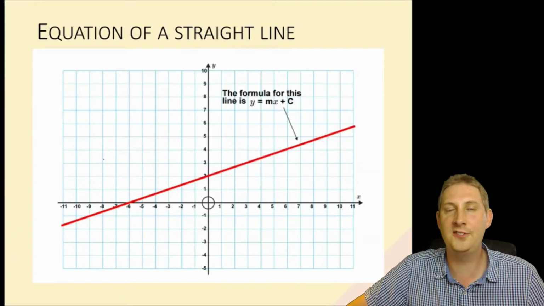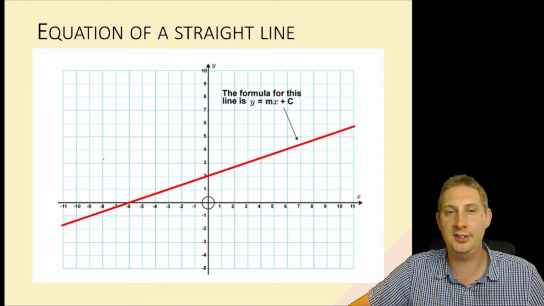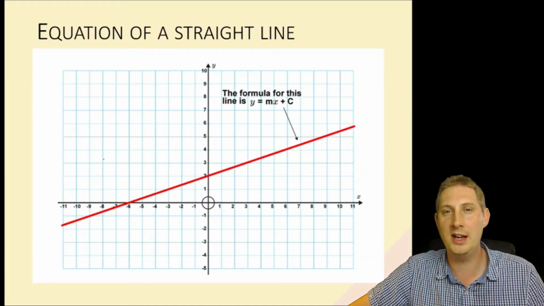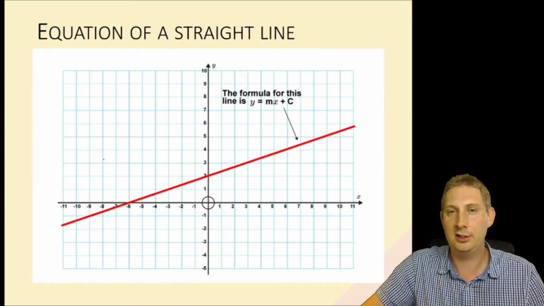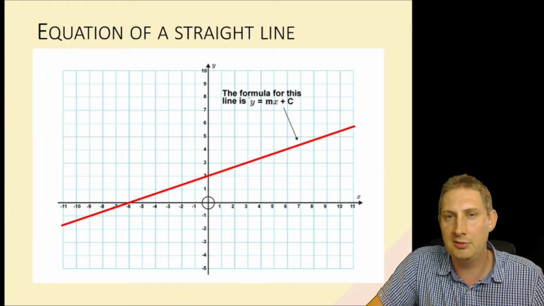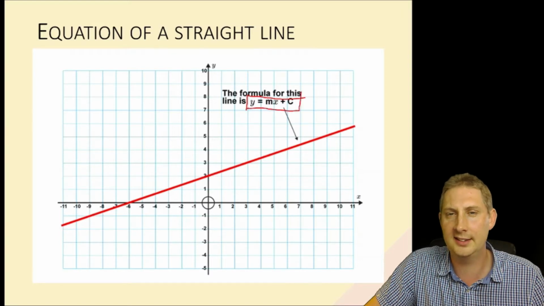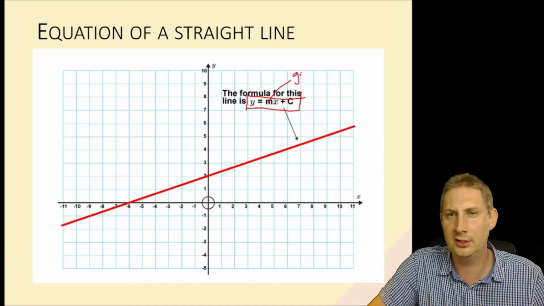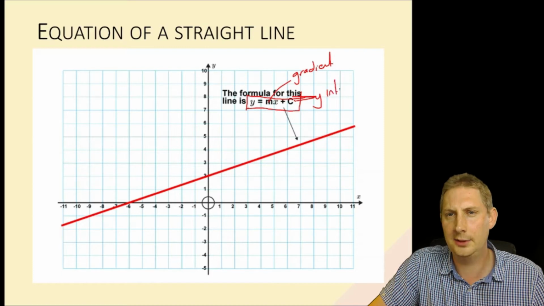Okay, before we move on, you just need to recap the equation of a straight line. A straight line, as you will hopefully remember from GCSE, can be written in the format y equals mx plus c, where m is the gradient and c is the y-intercept.